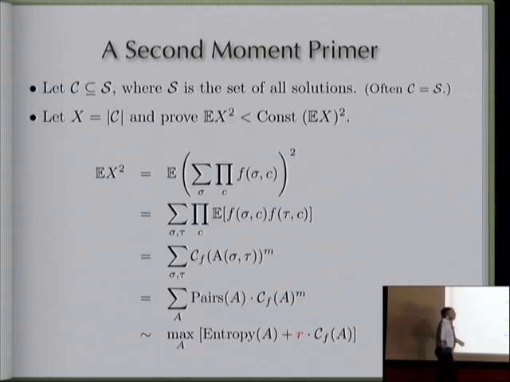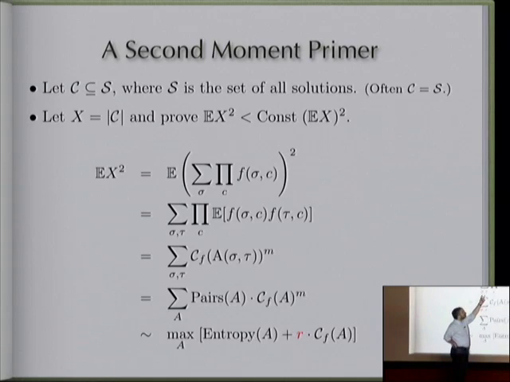Here we have a sum over all pairs of value assignments of the product over clauses of this expectation. The first thing to observe is that since these things are also identically distributed, we just get the mth power of whatever that is.